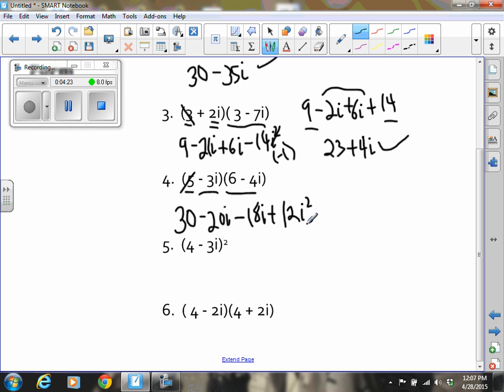Going to go through some simplification here. I know I can't have a power of 2 on i, so I'll change that to be negative 1. So that actually switches my 12 to be a negative 12, and it's a real 12.